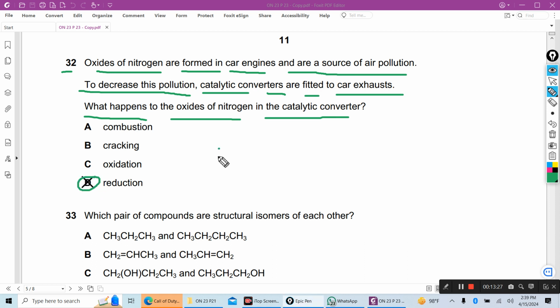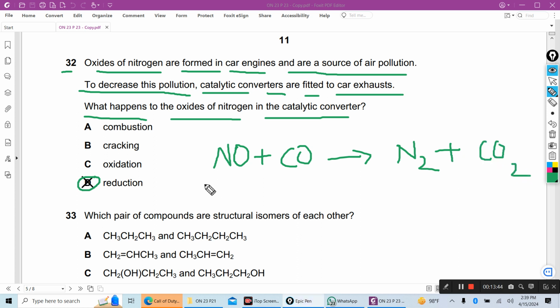Answer is D. Nitrogen oxide reacts with carbon monoxide to produce nitrogen and carbon dioxide. So nitrogen oxide is reduced. That's why the answer is reduction. D is the correct answer.